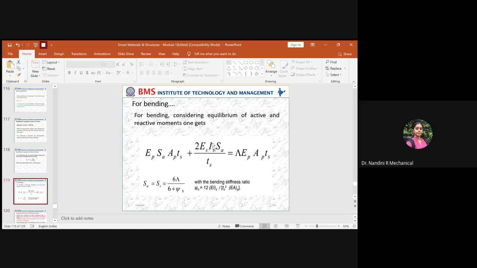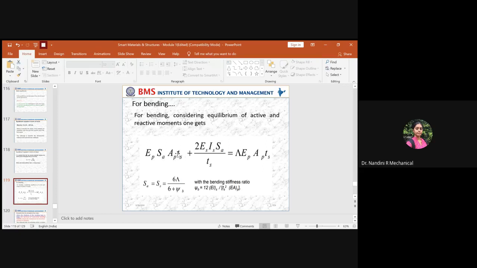You will be focusing on the bending because bending majorly happens across the entire substrate along with the piezo patches. So here this will be the part of the elastic modulus of the piezo patch and the stress induced across the actuator, the area of the piezo patch, along with the thickness of the substrate, because it will be adhered to the surface.